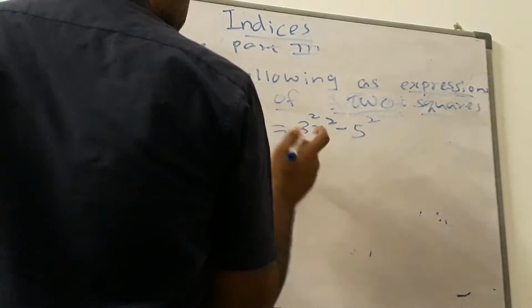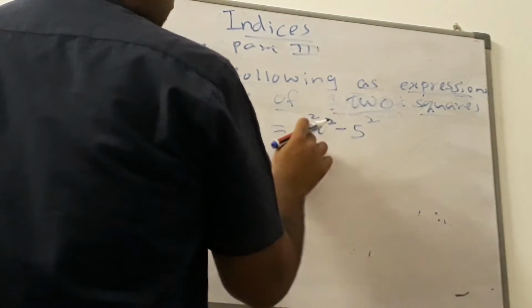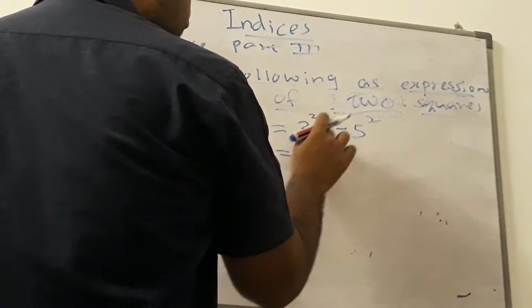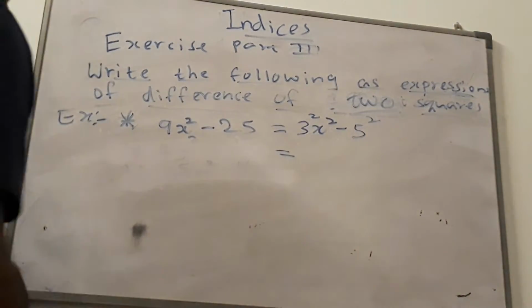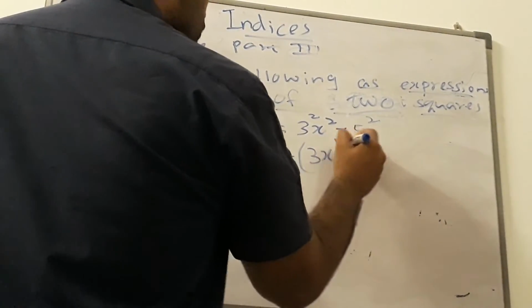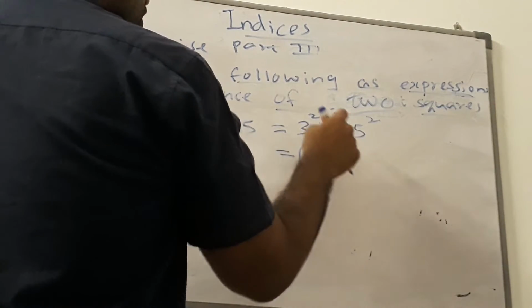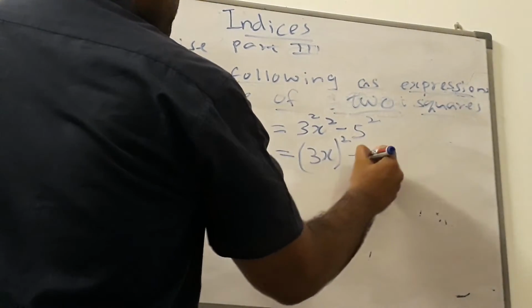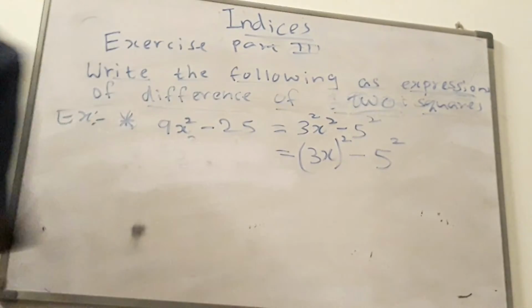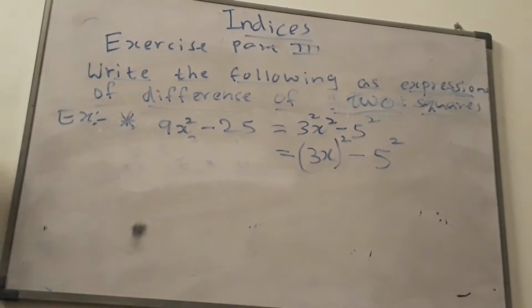Now 3 has a square term and x has also a square term, that means to the power 2 terms. So I am going to make 3x altogether to the square, as the index 2 is common to both 3 and x, minus 5 squared. If we are given an expression like this, we can write it as difference of two squares in this fashion.